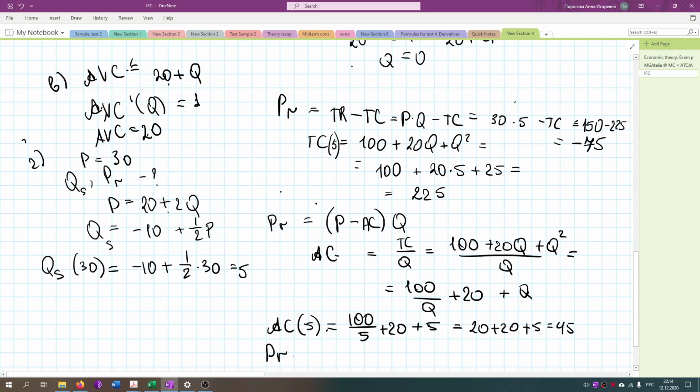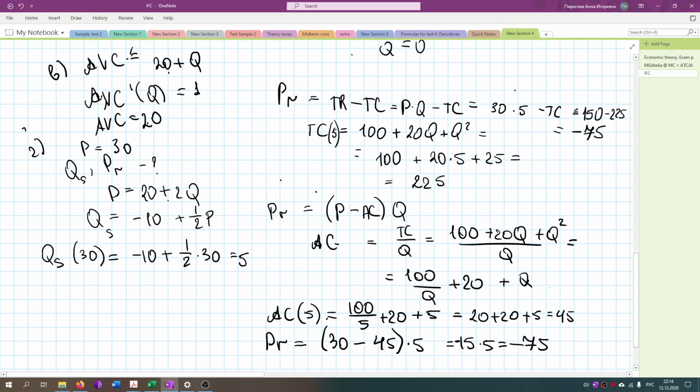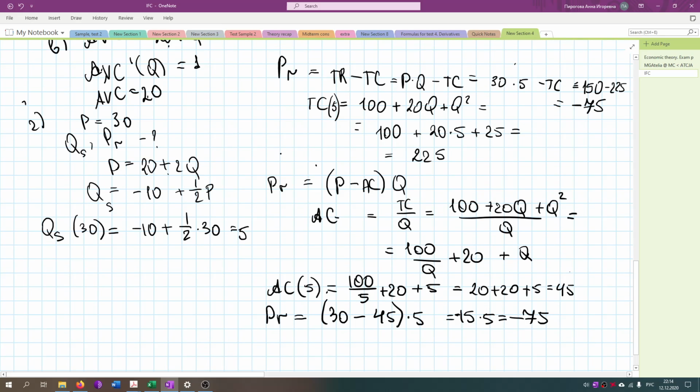So our profit using the second method will be equal to 30 minus 45 multiplied by 5, minus 15 multiplied by 5, minus 75, the same answer as in the previous case.